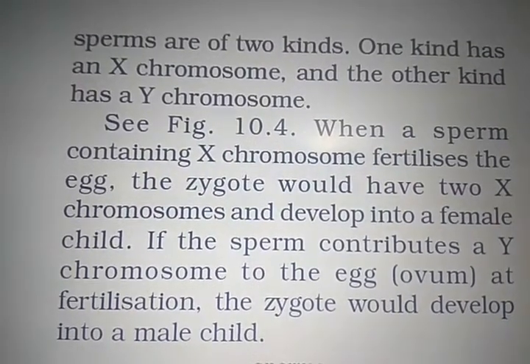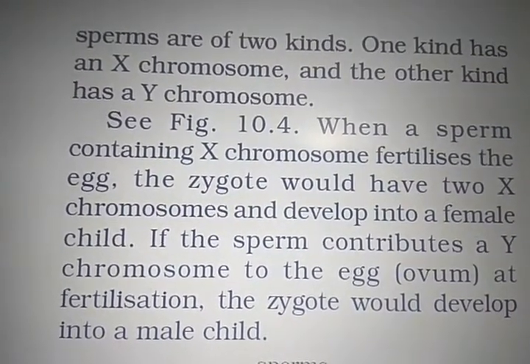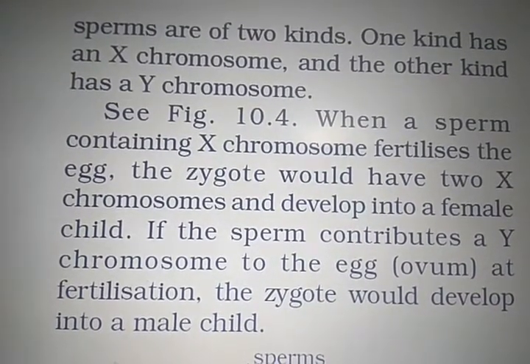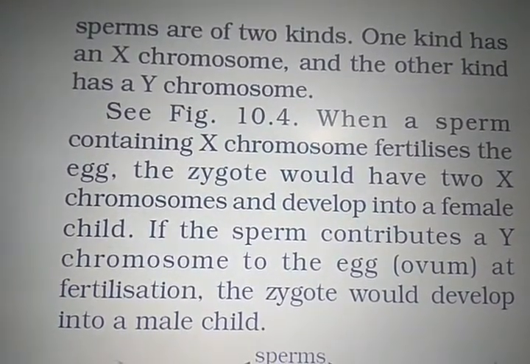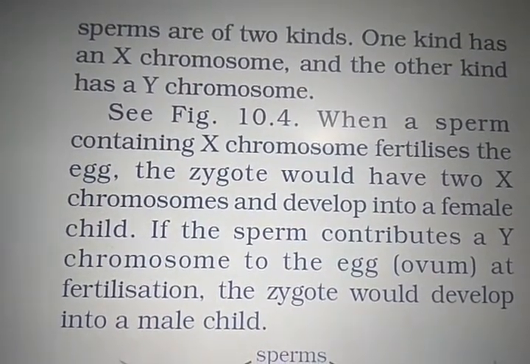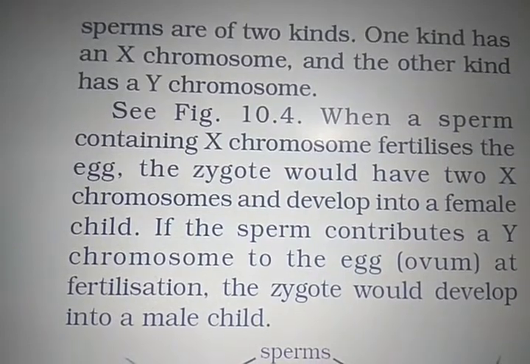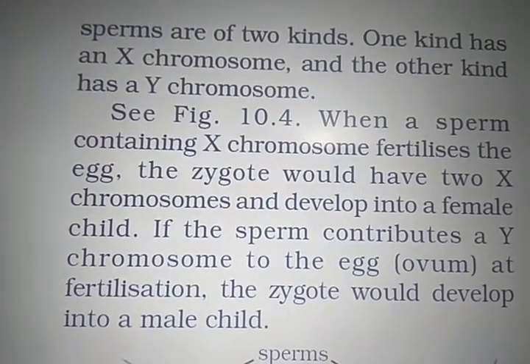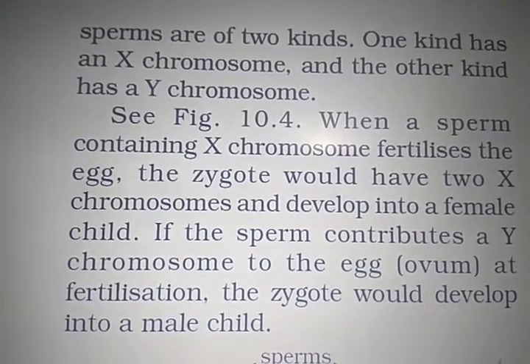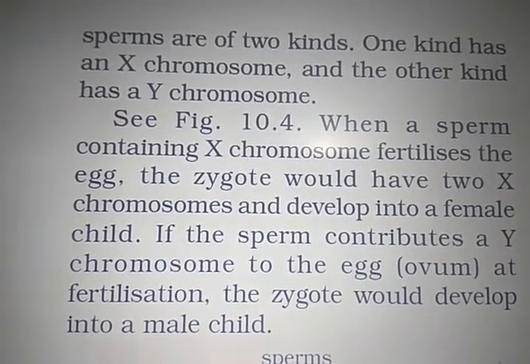When the sperm containing an X chromosome fertilizes the egg, the zygote would have 2 X chromosomes and develop into a female child, because 2 X chromosomes mean a female child. If the sperm contributes a Y chromosome to the egg at fertilization, the zygote would develop into a male child.